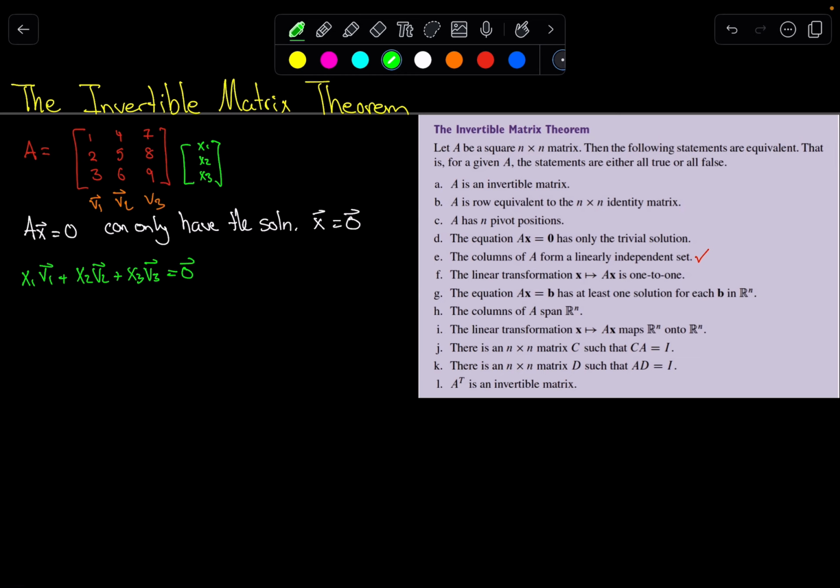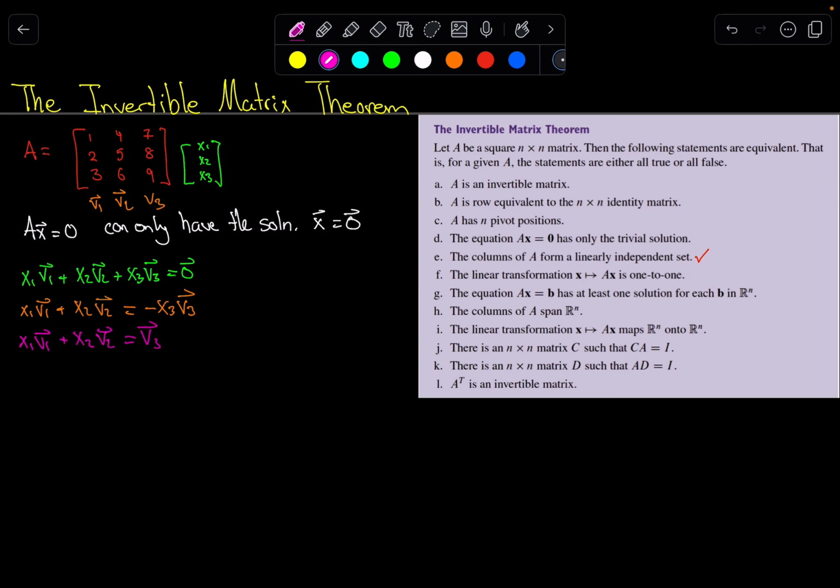And if you watched the week 3 extra video that I posted at the beginning of this week, you'll notice that you can rewrite this as x1 v1 plus x2 v2 is equal to negative x3 v3, and then I could divide everything by this negative x3 and create a brand new x1 v1 plus a new x2 v2 equals v3.